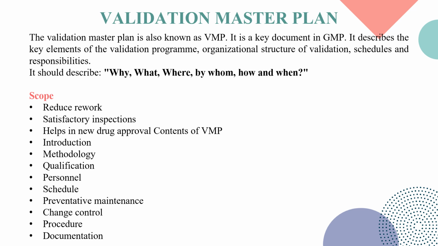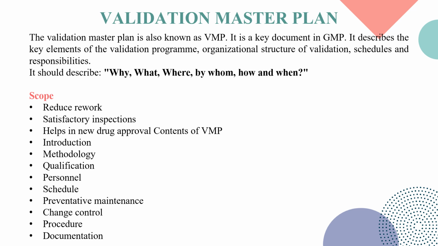The next topic in this chapter is the validation master plan. It is a very important document in good manufacturing practice. In short, we can describe it as why, what, where, by whom, and when the method is performed. By using this validation master plan, we can reduce rework and unsatisfactory inspections.